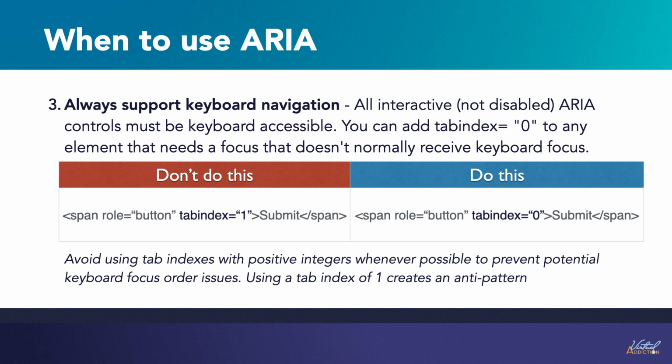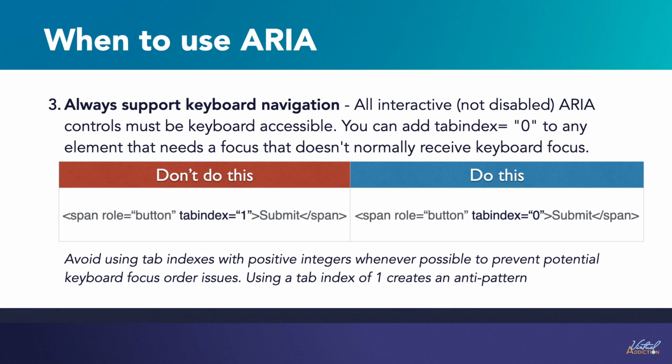When we use a tab index that's greater than 0, it jumps the element to the front of the natural tab order. If there are multiple elements with a tab index that's greater than 0, the tab order starts from the lowest value greater than 0 and works its way up. Using a tab index that's greater than 0 is considered an anti-pattern because screen readers navigate the page in the DOM order, not the tab order.